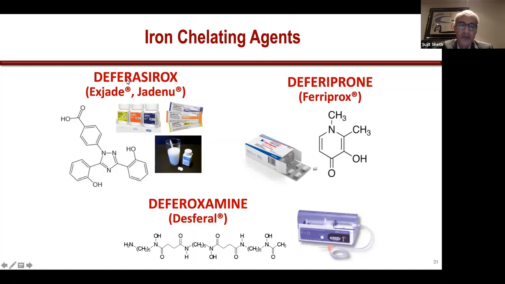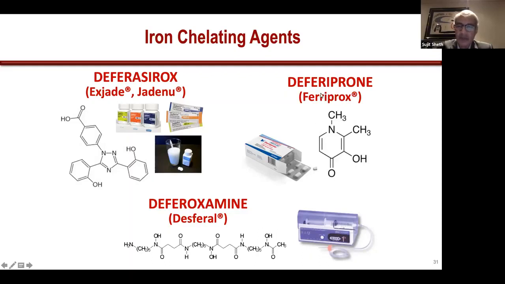Deferasirox was approved in the United States in 2005 as Exjade, and then again in 2015 as Jadenu. Exjade is a dispersible tablet. Jadenu is the film-coated tablet that can be swallowed. And then for children, you have sprinkles as well. And then deferiprone, or Ferriprox, was approved in 2011 in the United States.